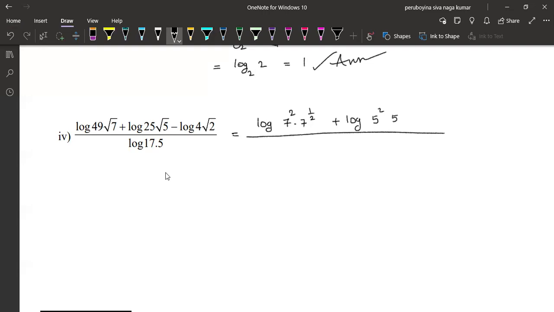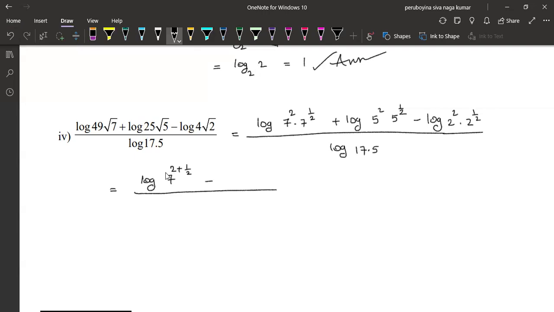So root 5 means 5 power 1 by 2. Minus log 4 means 2 square into root 2 means 2 power of whole, divided by log 17.5. So therefore it is log 7 power 2 plus 1 by 2. You can add these powers.